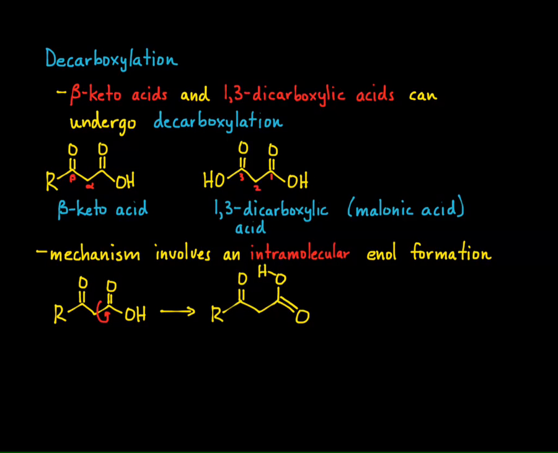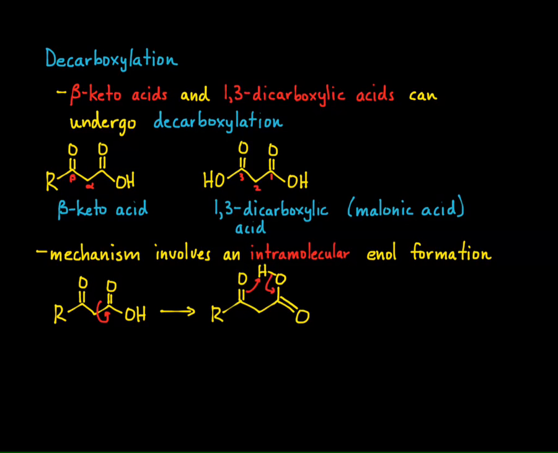The reason for this, and this is certainly the key for decarboxylation, is that we have a stabilization from the carbonyl on that beta carbon to the carboxylic acid, so much so that we can actually donate a pair of electrons from that carbonyl to the hydrogen. So it's undergoing proton transfer.